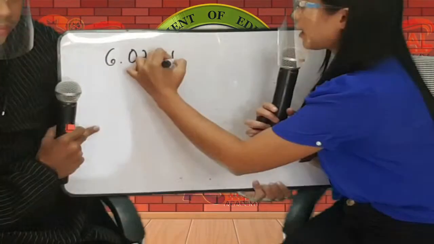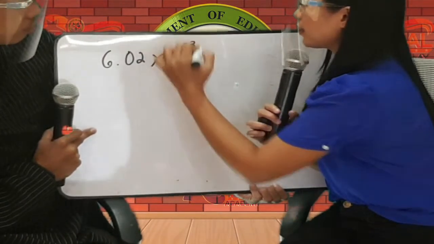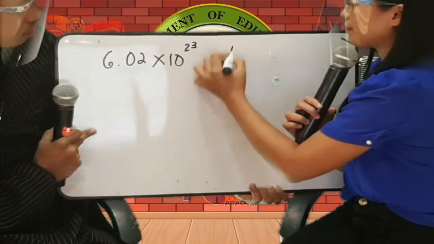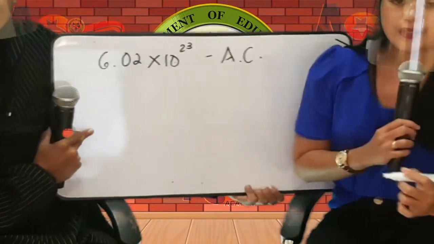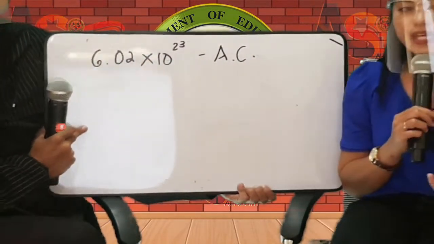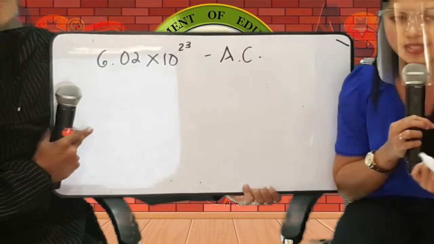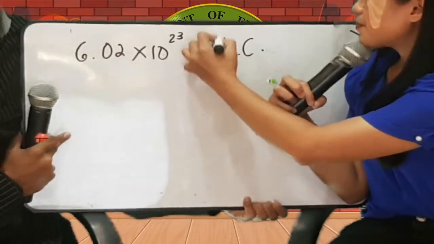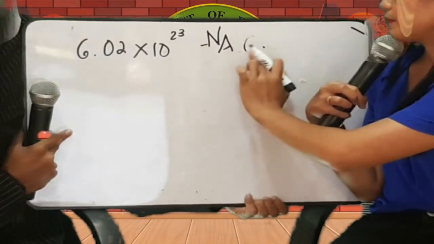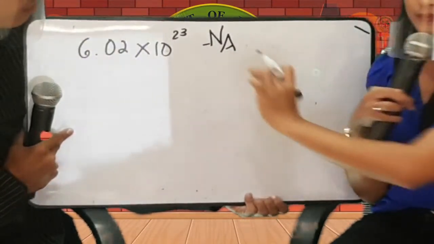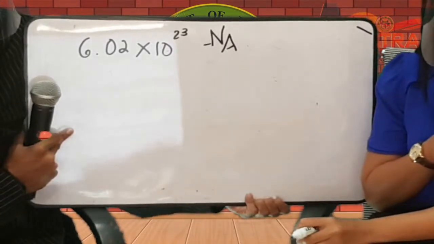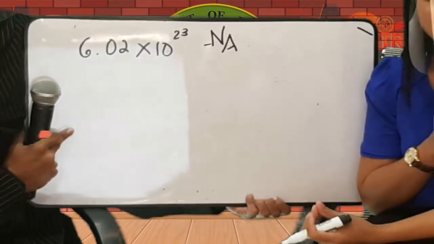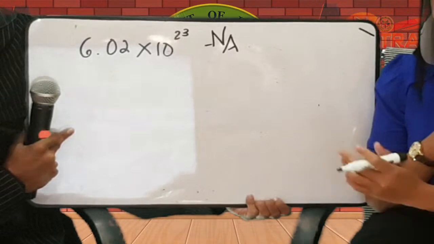We have there Avogadro's constant, 6.02 times 10 to the power of 23. It is also called Avogadro's number, and it is often denoted by the symbol N subscript A. This constant refers to the number of particles in 1 mole of a substance.